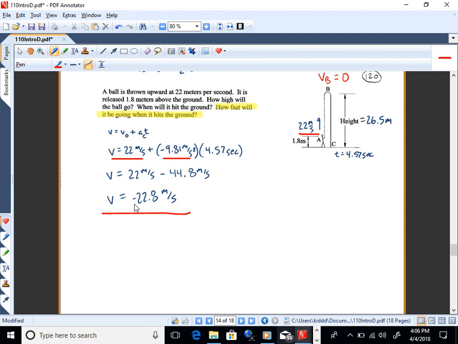And this will get us the proper sign. It's coming down. Okay? So that'll all work out. So not only does it give us the magnitude of velocity, it also tells us the direction with the sign.